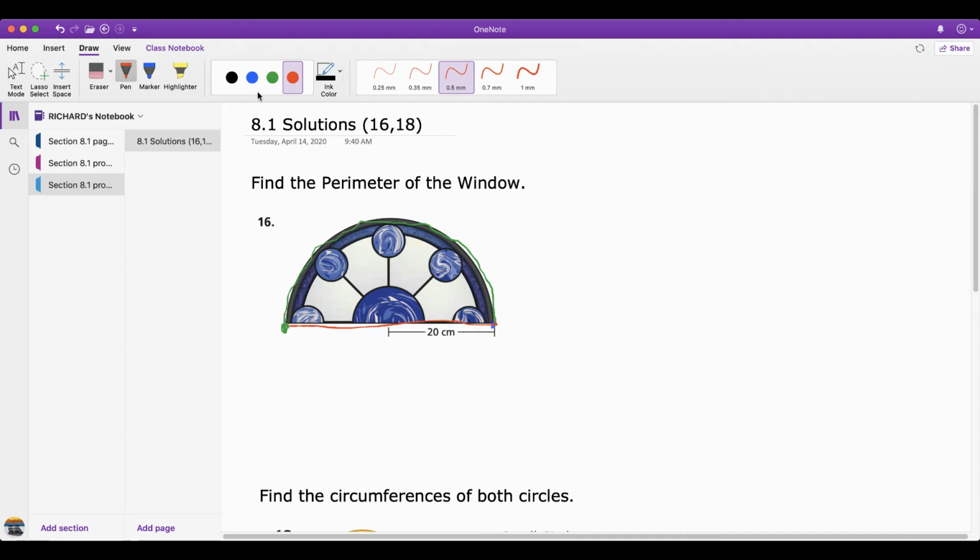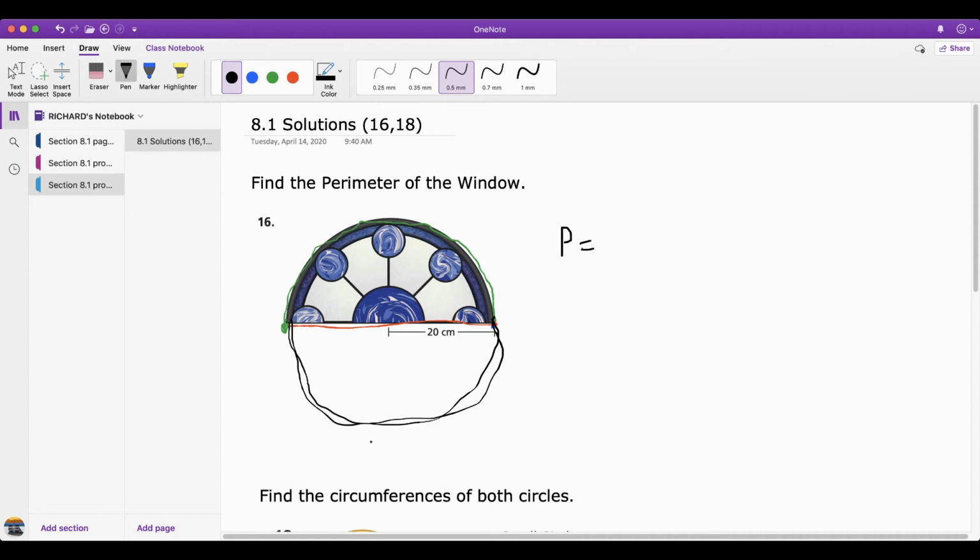Okay, so the formula we used was to find the perimeter. Well, I need to find half of the circumference of a circle. So if I had this continue on, and I will draw a very poor circle down here. I'm still getting used to drawing on here.